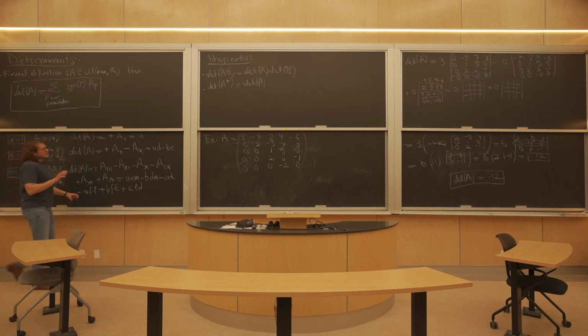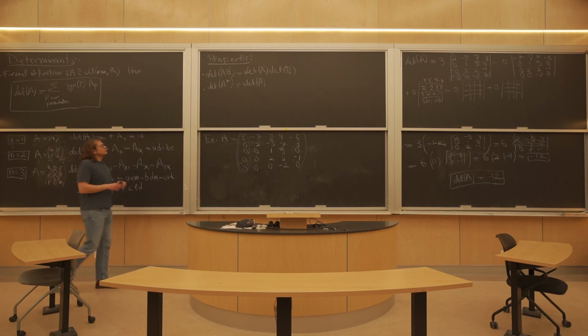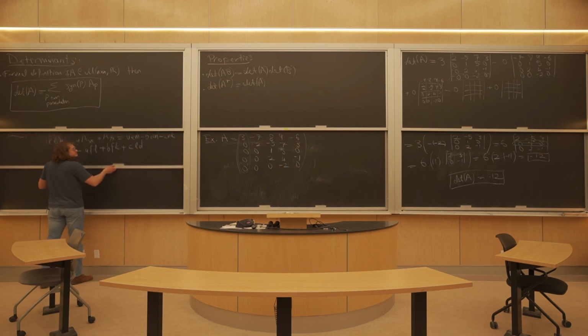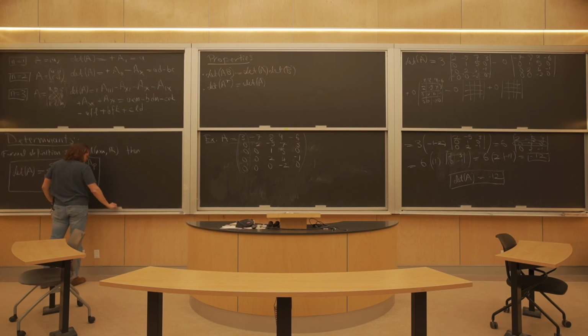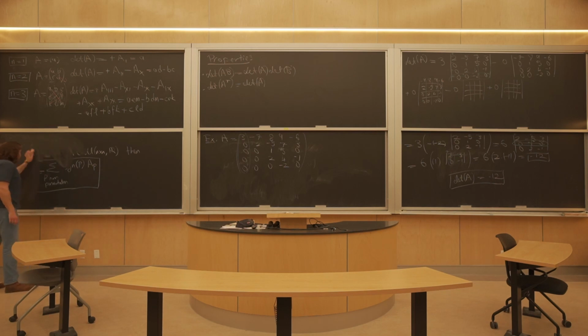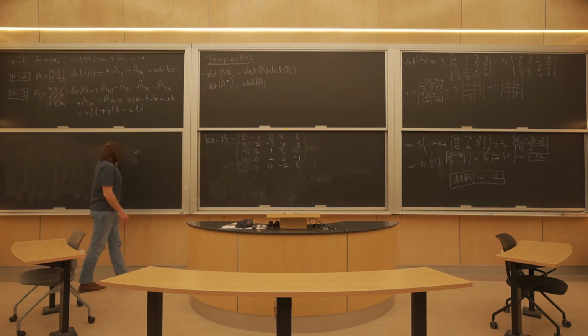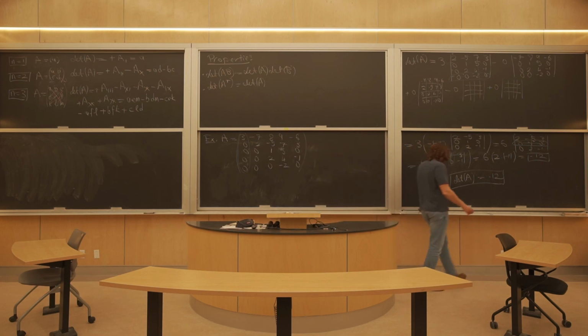So before doing that, let me just mention what the determinants of certain elementary matrices are. We have three types of row operations.